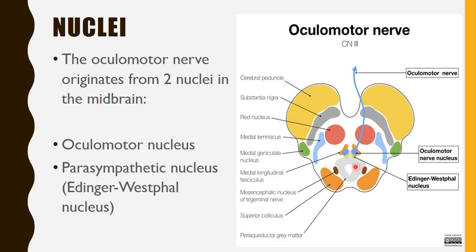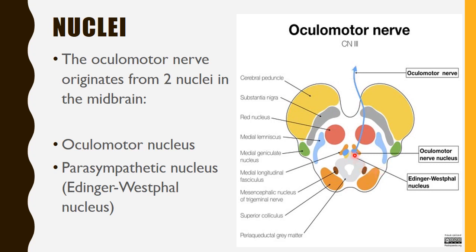The oculomotor nerve has the main motor nucleus, which lies ventral to the cerebral aqueduct, and the fibers emerging from this nucleus run anteriorly, or ventrally, between these crura into the interpeduncular fossa.